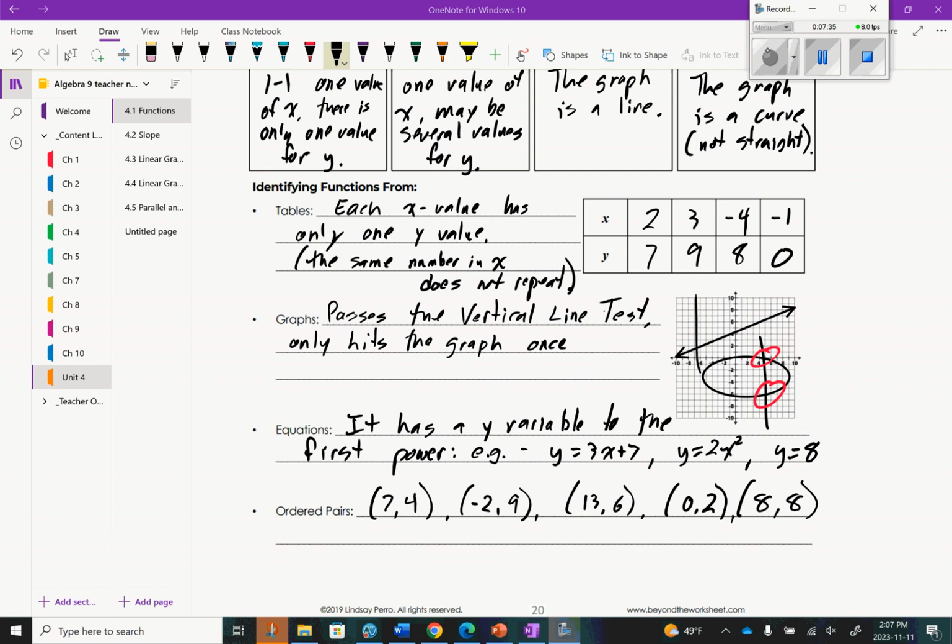We're going to look at those ordered pairs of values and see if the x coordinate is repeated. So ordered pairs and tables are very similar in that we're going to be looking for x values, looking for repeats, but it's just going to be written in a different format.